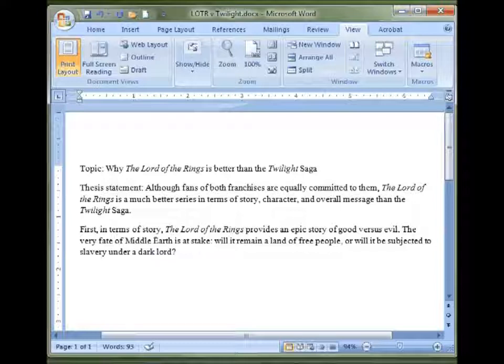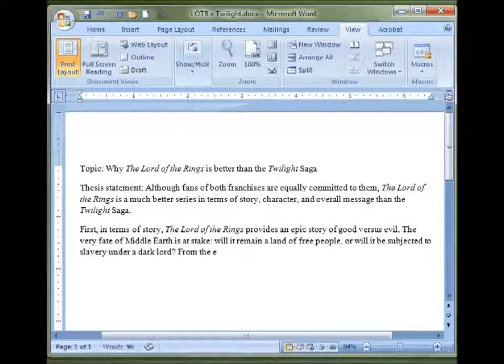So how does The Lord of the Rings provide an epic story? Well, first of all, I mentioned that the fate of Middle-earth is at stake, and Middle-earth is a huge area. It's an entire continent, and there's even more of the world, but this is the major part of the world. So Middle-earth is very important. It's very big.